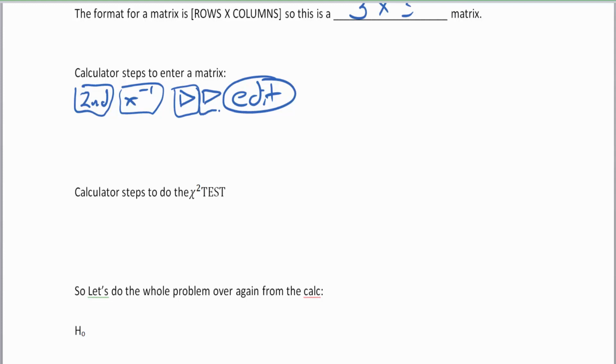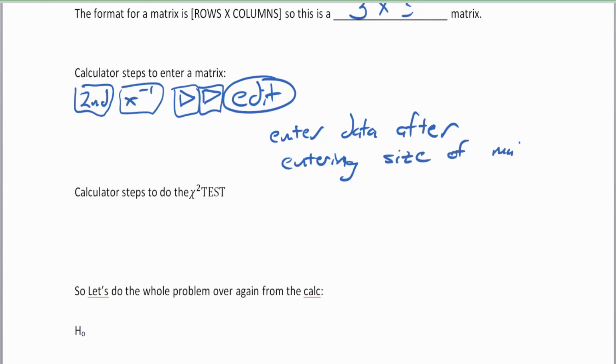So you hit the right arrow key twice, or you could have hit the left arrow key once. And then you enter in your data, after entering the size of the matrix.